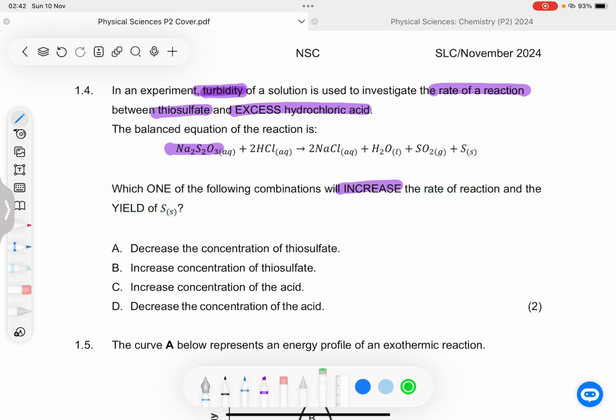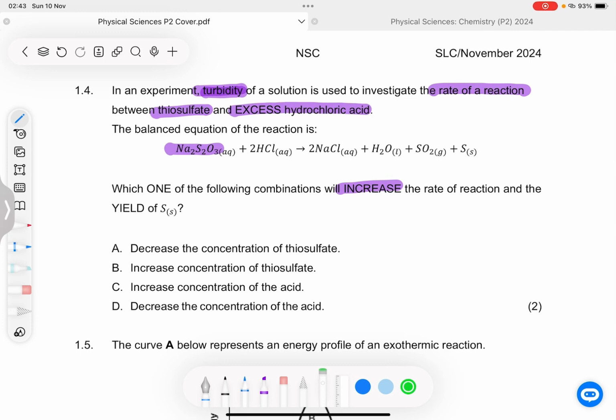When they say the yield of sulfur, on these factors that they've given us here, which one will make the rate of reaction quick for this reaction to occur quickly, but also to make this increased, to have a lot of this at the end of the day, to have a yield, a lot of a product of this being formed.